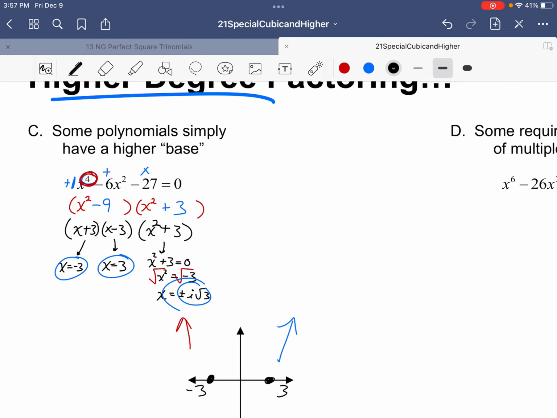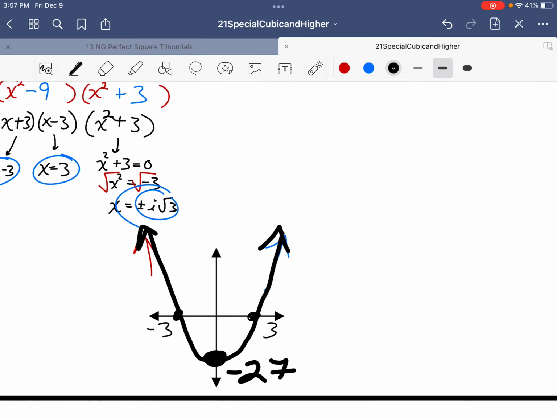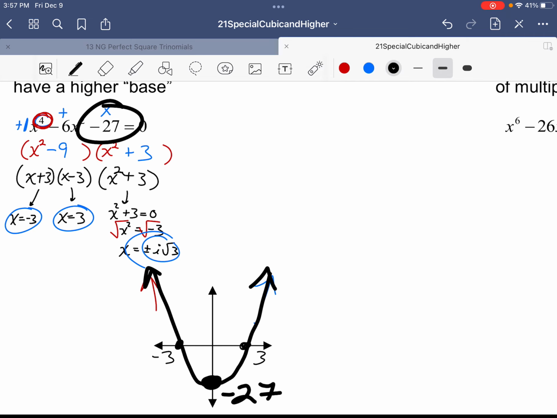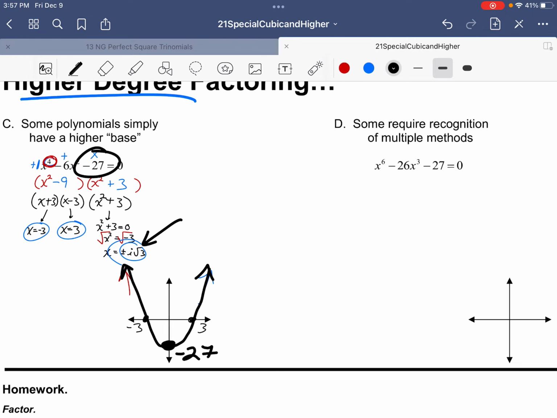This is just going to end up being a graph that passes through 3 and negative 3. And don't forget about the y-intercept. The y-intercept is supposed to match with your equation. These imaginary numbers, they don't show up on the graph, but that's okay. They're still part of the solution set, giving me a total of 4 answers, 4 roots.